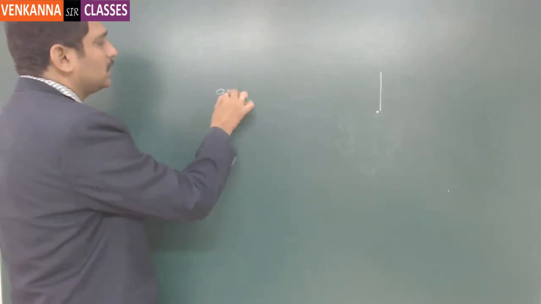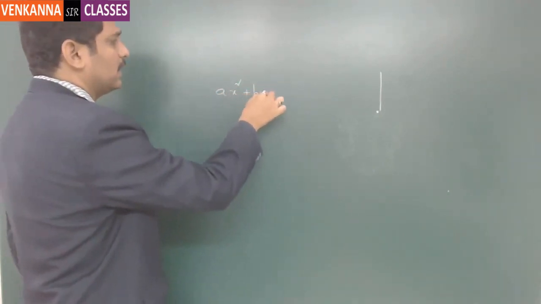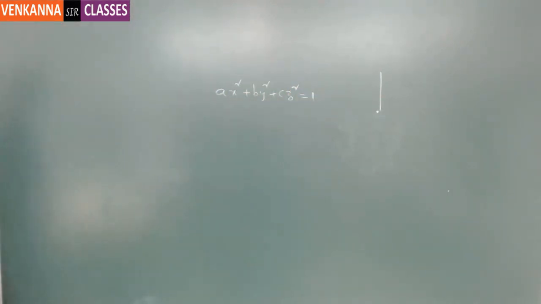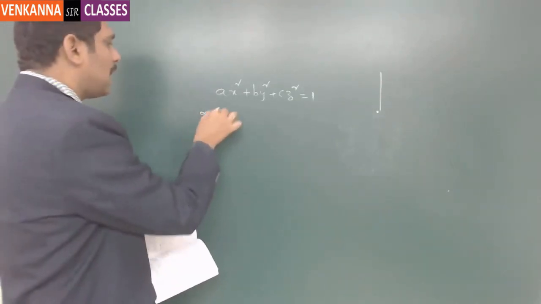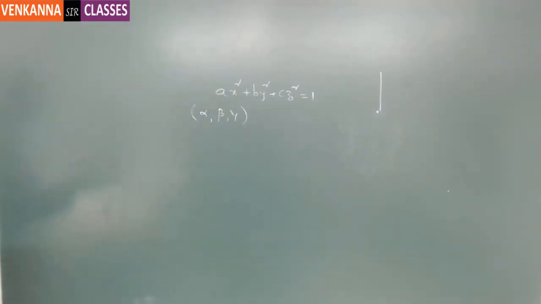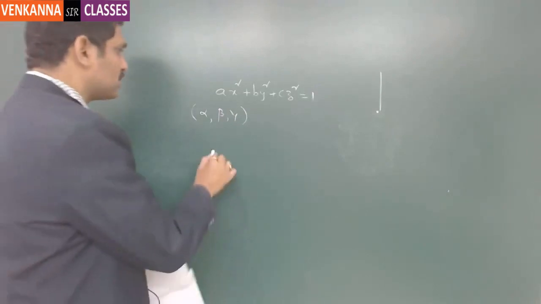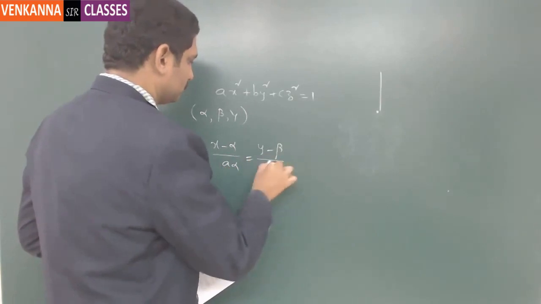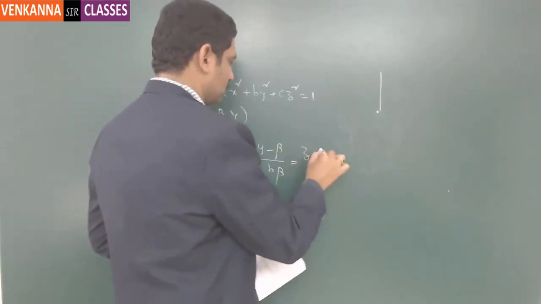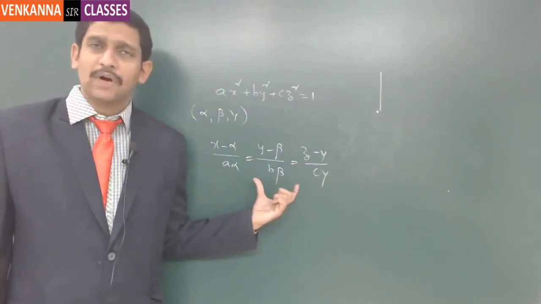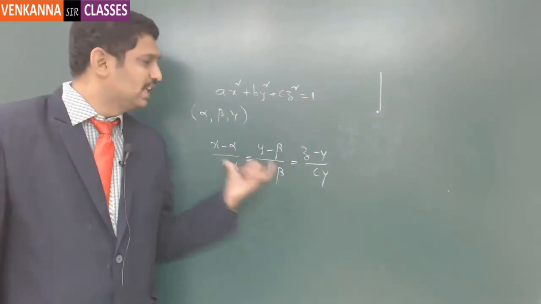Suppose you have taken the conicoid ax² + by² + cz² = 1, and at the point (alpha, beta, gamma), I want to consider a normal to it, and the equation of the normal is given by this formula.